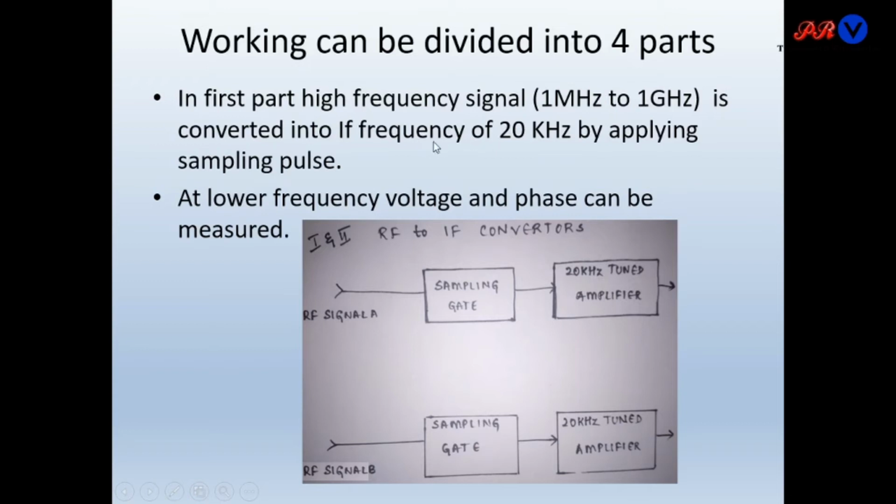Why do we convert this high frequency into low frequency? At lower frequency voltage and phase can be measured, because at high frequency we are not able to measure voltage and phase. At high frequency we generally measure power. So this is the circuit for conversion of RF to IF frequency.